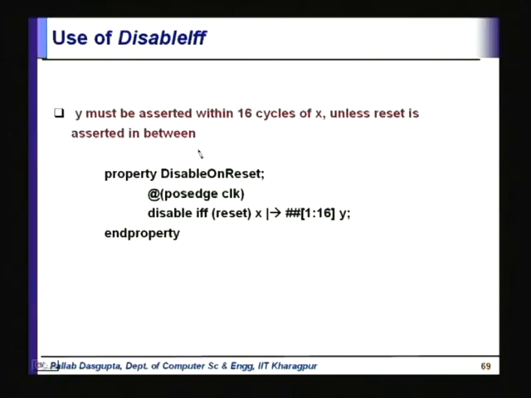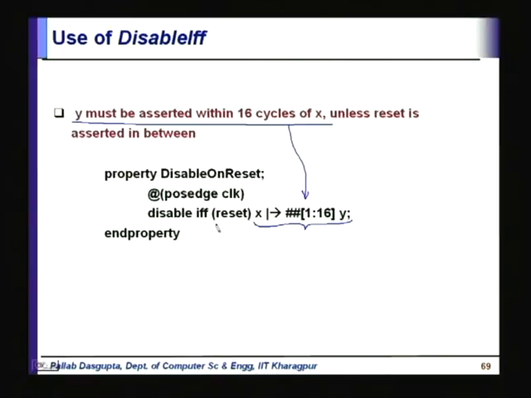Now, see what we have written. At posedge clock, this part is the main property. This part says that if x is asserted, then within 16 cycles y should be asserted.